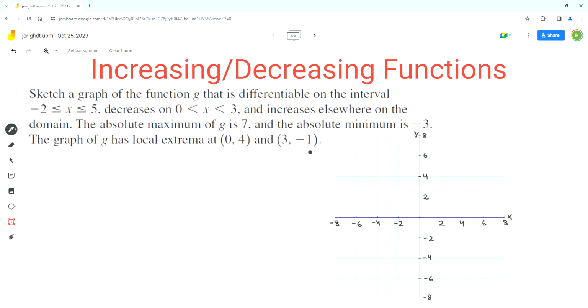So the first thing we should analyze here is the interval on which the function is differentiable. That means in that interval from -2 to 5, there is no vertical asymptote, no jump in the graph, or no cusp point. So this interval becomes the domain for this function.